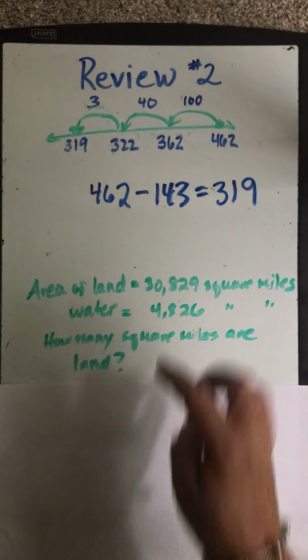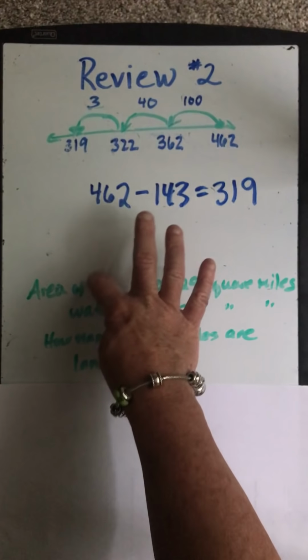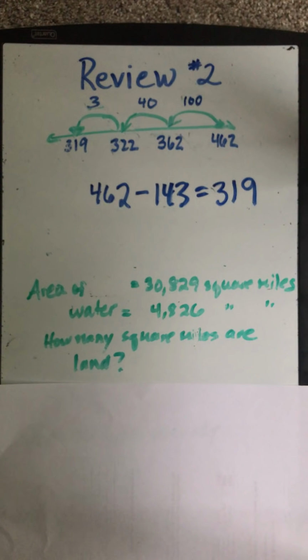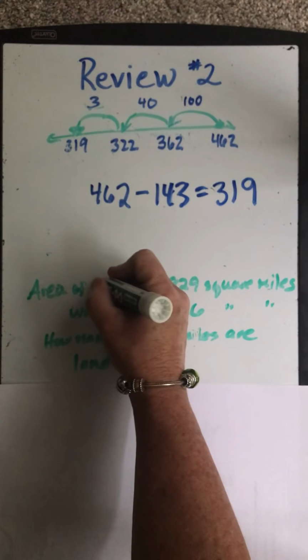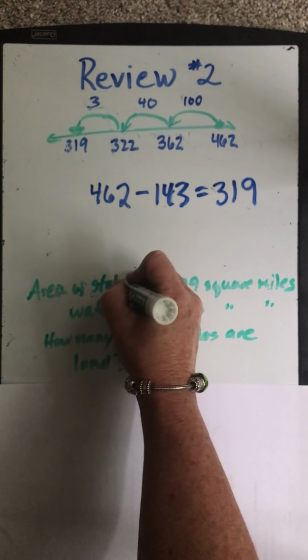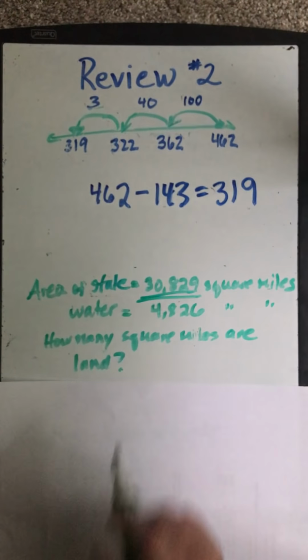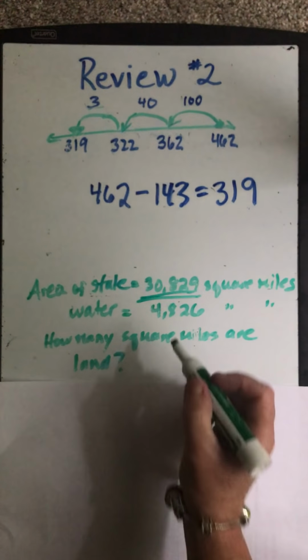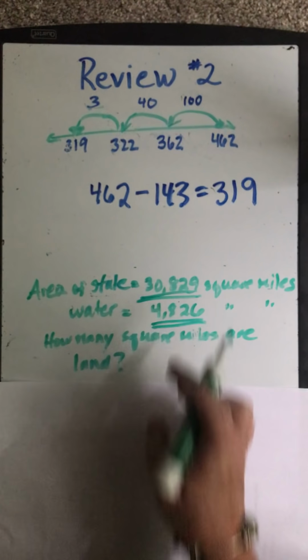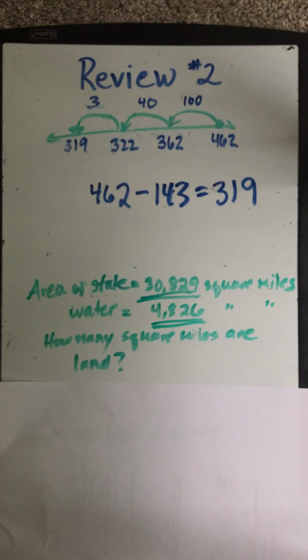Okay, this is actually the area of the total state, let's say. Okay, not land. This is the total here. That's the whole area. And then we learned that this much of it is the water. So we want to know how many square miles are the actual land.